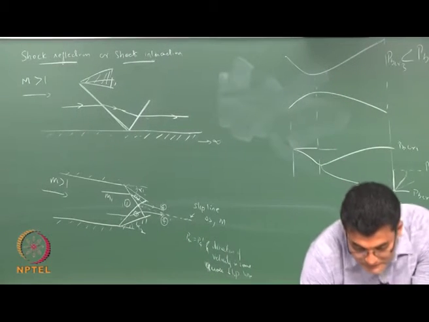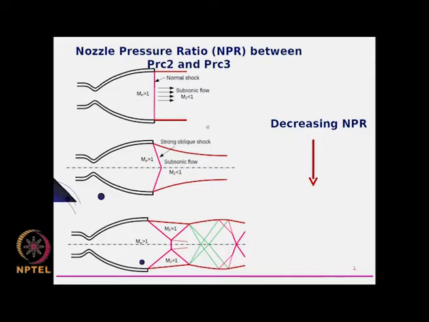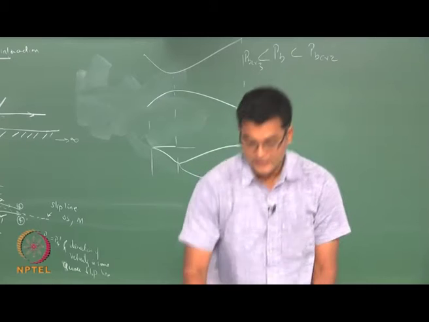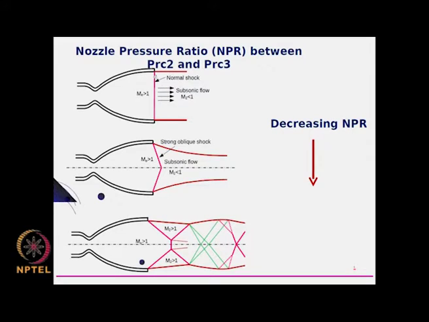In the slide, what you have here is the PB critical 2, which is some Mach number where the shock is sitting at the exit of the nozzle. Now, if I reduce my PB further, this shock is pushed downstream, and hence you would see a strong oblique shock sitting outside the nozzle.